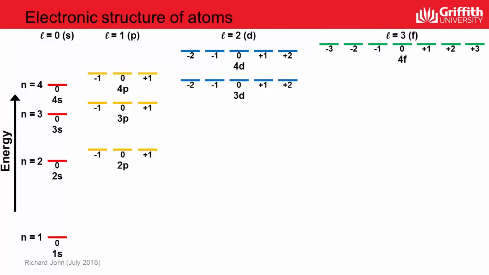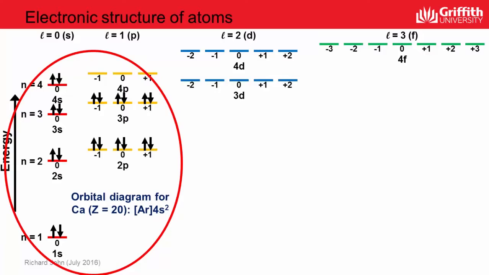So let's use our orbital diagrams to see if we can get our heads around why this might be the case. These anomalies occur beyond element number 20. So I'm going to fill up the orbital diagram with 20 electrons using the Aufbau principle and Hund's rule. And we've got the orbital diagram for element number 20, which is calcium.